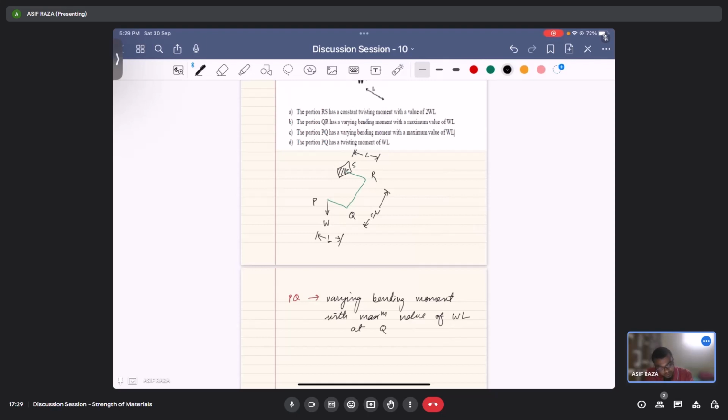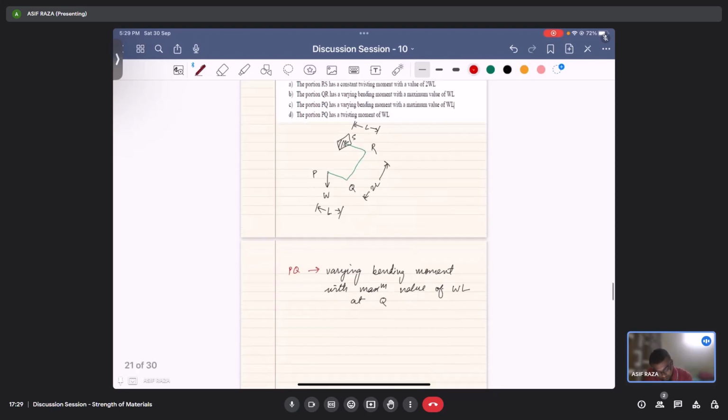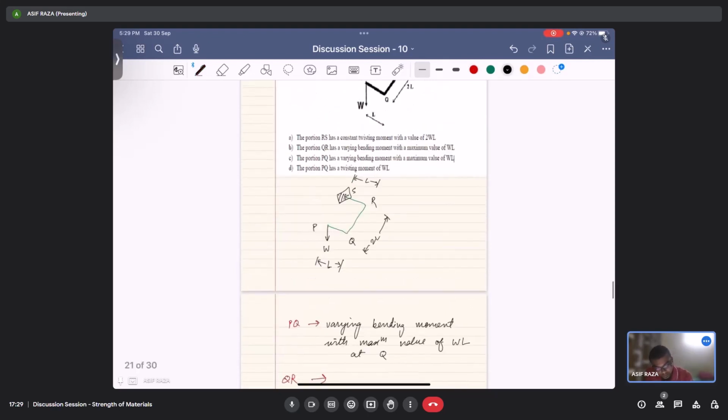Okay, now let's see QR. What will happen is we have transferred this load to here.